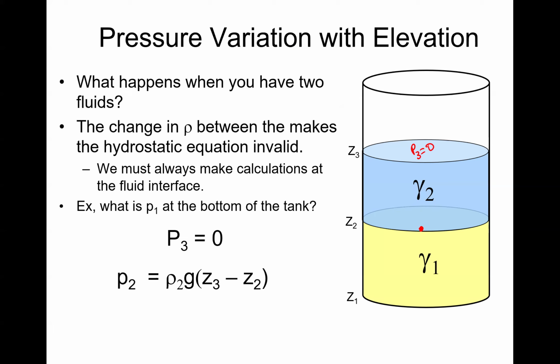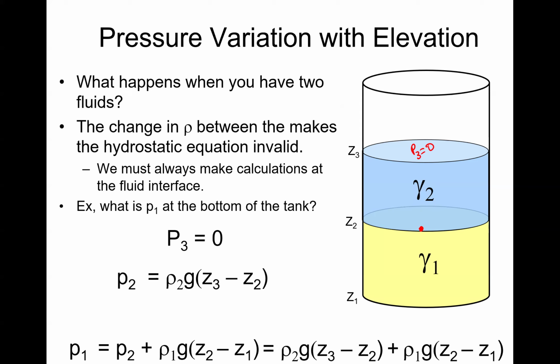And then P1 will be P2 plus the density of fluid 1 times g times delta z. So you can put all that together as calculating the pressure in this fluid and then calculating the pressure in this fluid and adding them up. You see?